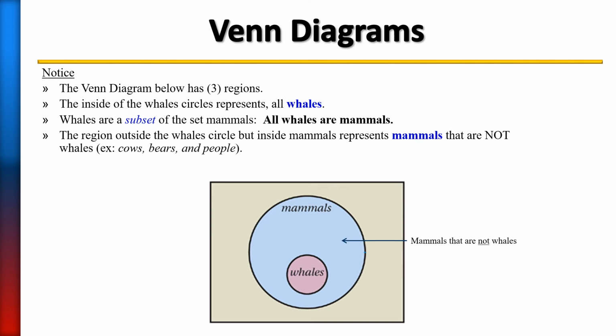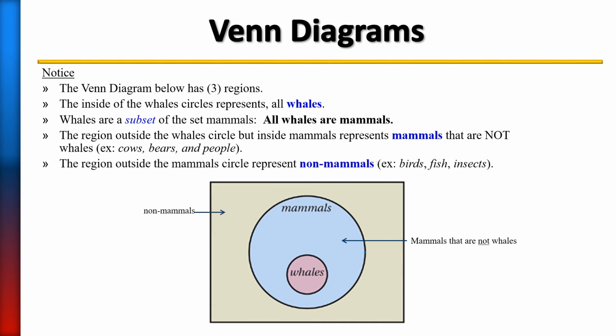Now, if you are neither one of those, you're not a mammal or a whale, then you would be out in the outer region. So the region outside of the mammals represents non-mammals, such as birds, fish, insects.